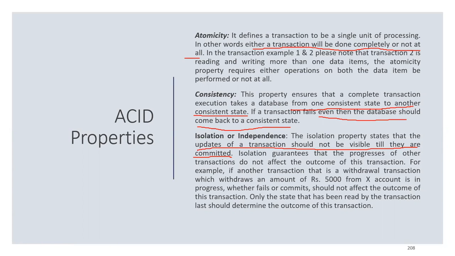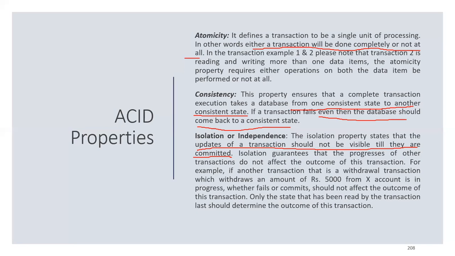This is called atomicity. Consistency: the database must always be in a consistent state. When the transaction executes successfully, the database changes from one consistent state to another consistent state. So this is called consistency.